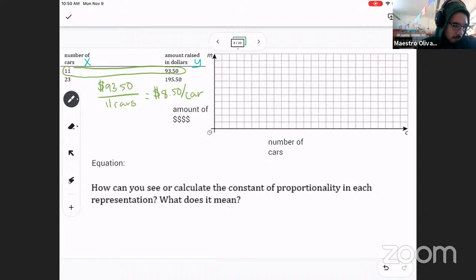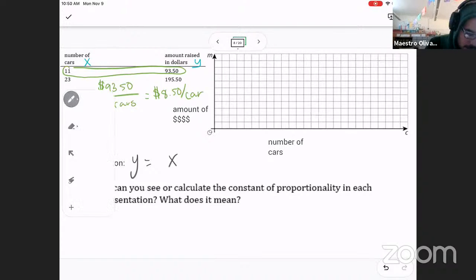What do you think the equation would look like? I'll give you a heads up. It's gonna be y equals something x. What do I put in front of the x?